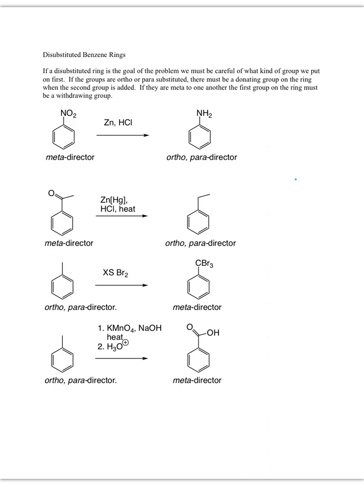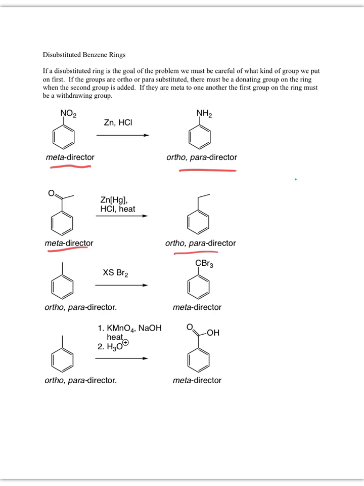So for an aromatic ring, we can turn a nitrobenzene, a metadirector, into aniline, an OP director, by zinc and HCl. We can turn the metadirector acetophenone into an ortho-paradirector, reducing the carbonyl down to the alkane with zinc, mercury, and HCl.